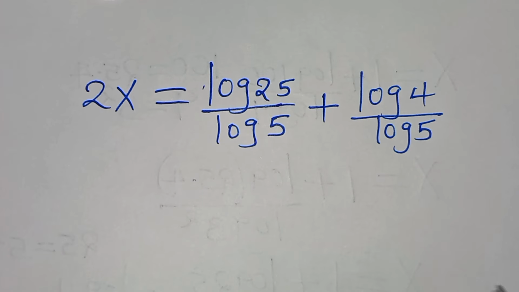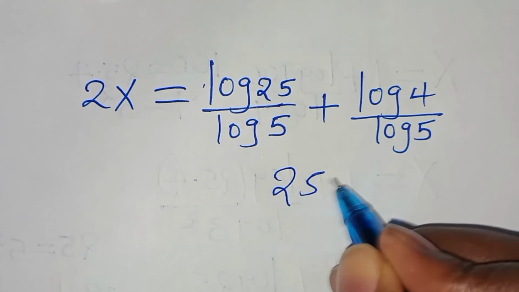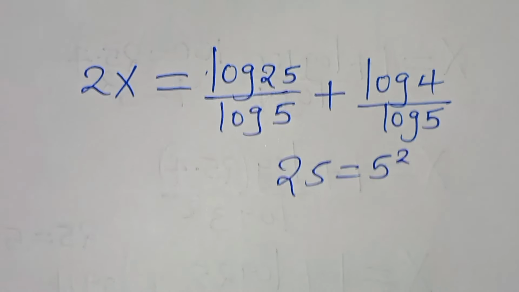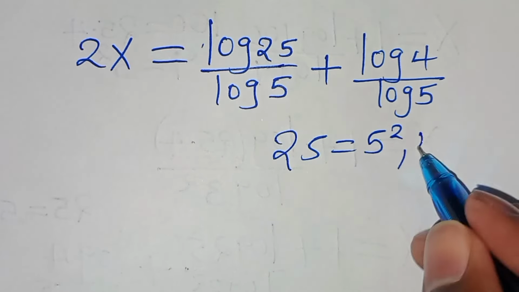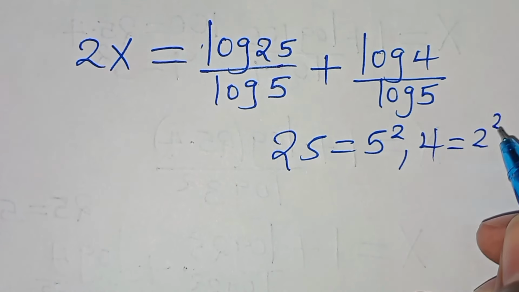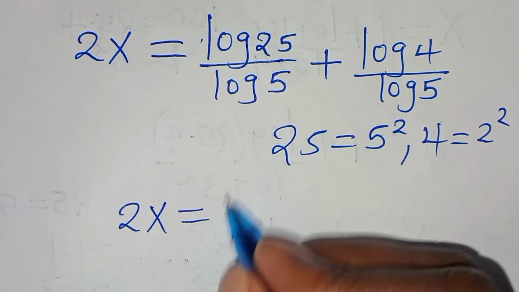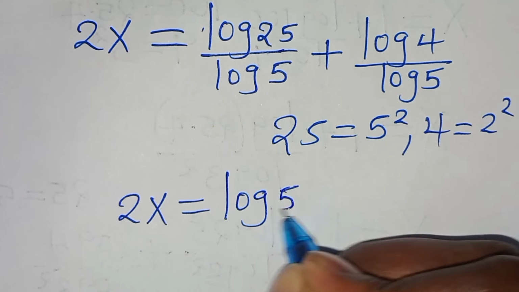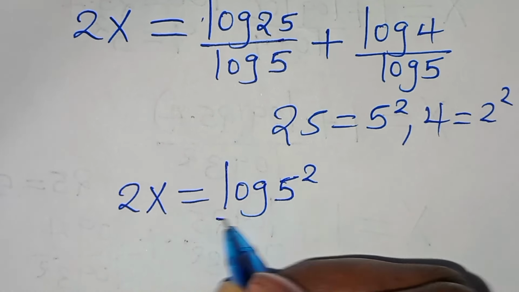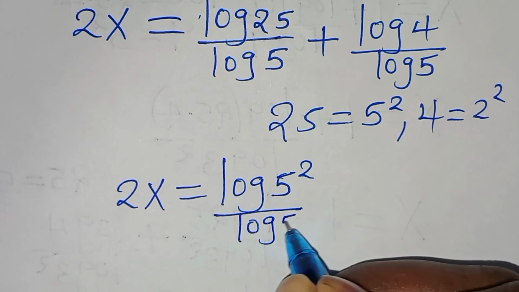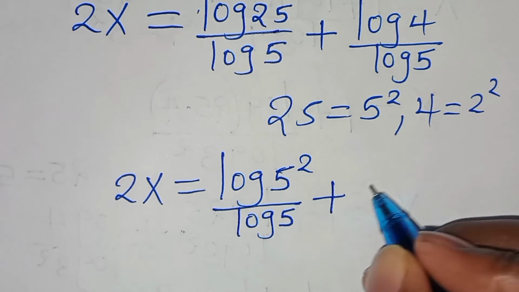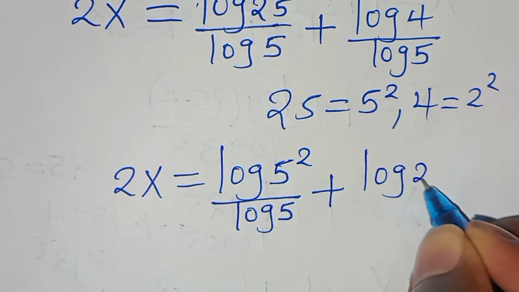Now we can express 25 as 5 to the power of 2, and we can express 4 as 2 to the power of 2. So this implies that 2x is equal to log 5 to the power of 2 divided by log 5, then plus, here we have log 2 to the power of 2.